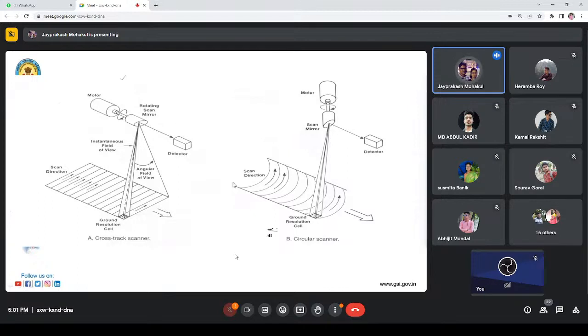So it goes on like this. It measures from here to here. At the same time, this is going down, let's say. Then the next line, so it covers in this fashion. One comes back without taking any data and then goes, right?